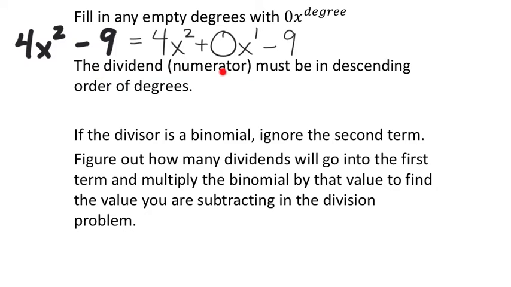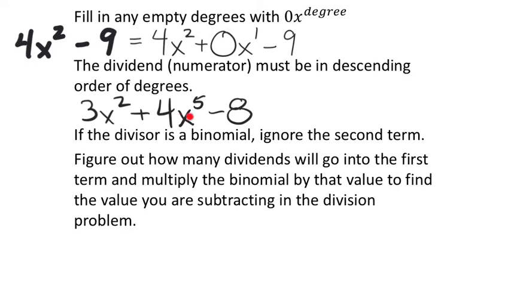Now the dividend, that's the numerator, must be in descending order. This one was in descending order, just missing the middle term. What this is saying is that you don't want to see lower degree terms and then higher degree terms, like 3x squared plus 4x to the power of 5 minus 8.